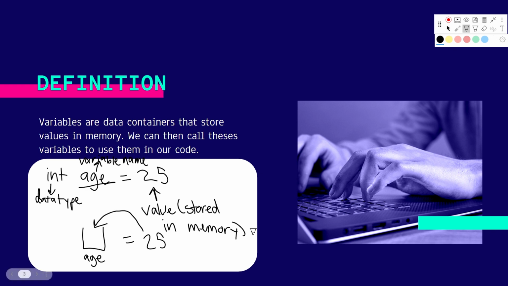So each time we call the variable age, we will actually call the value 25, since 25 is the value stored in the box named age. We will see other examples in the next slides.